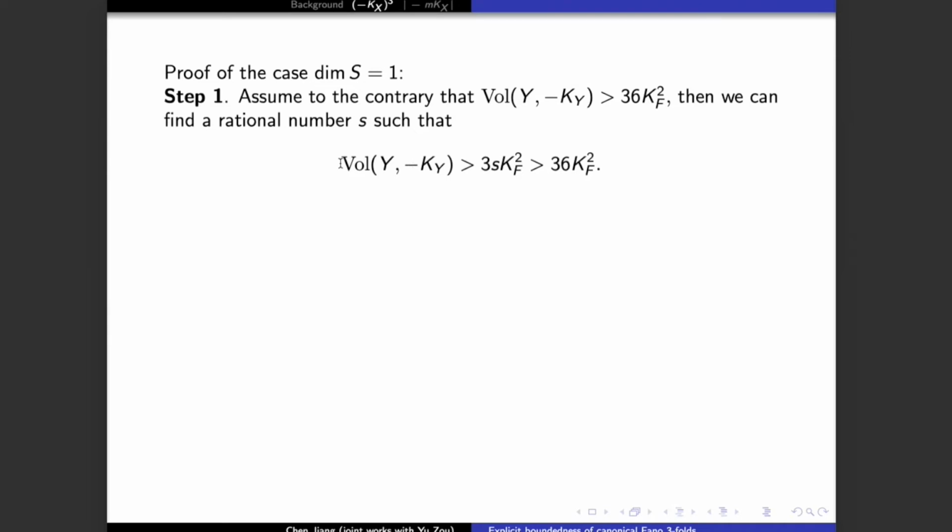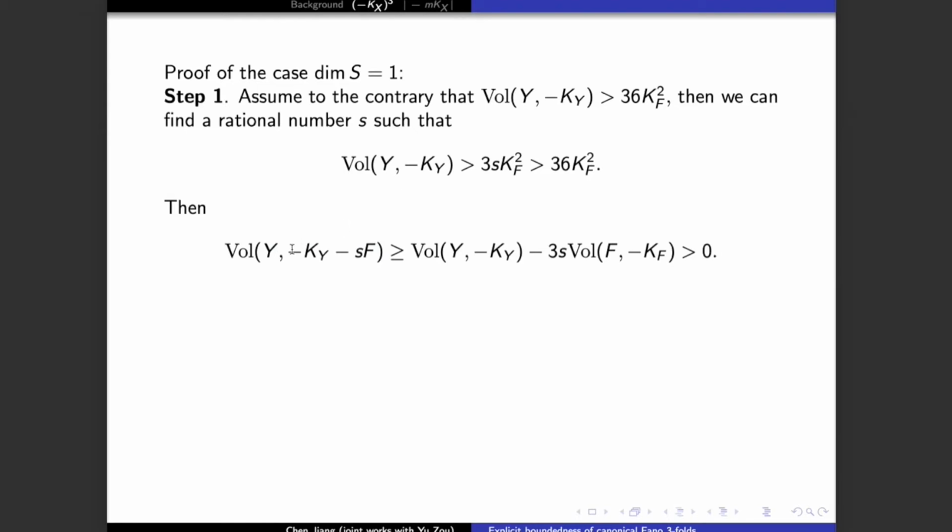Then from this inequality, this is the first inequality, we know that the volume of minus K_Y minus s F is bigger than the difference of these two numbers, which is positive.